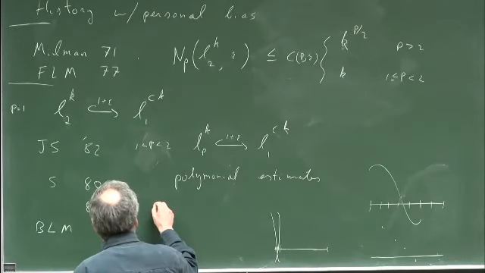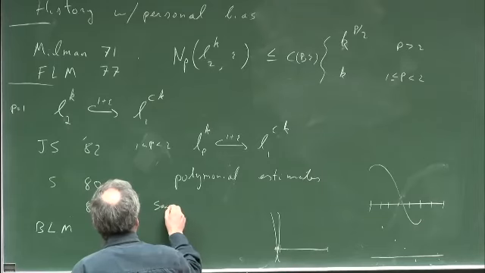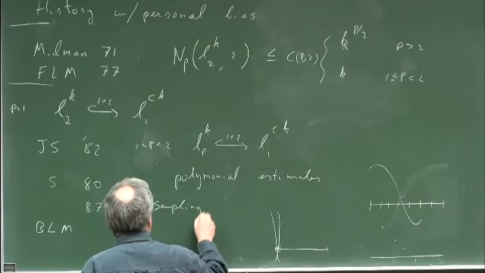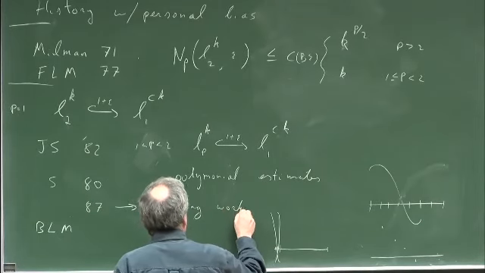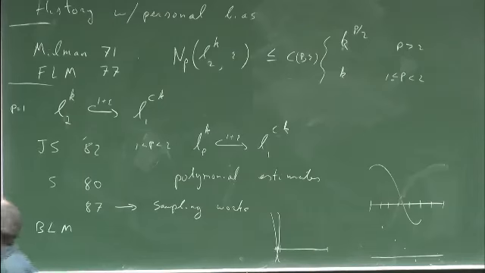Sampling works, which is quite surprising. The history goes on a little bit more, but I'll stop here, because I think that these are the major steps. There is also this special paper of Talagrand just about L_1, which is very nice.